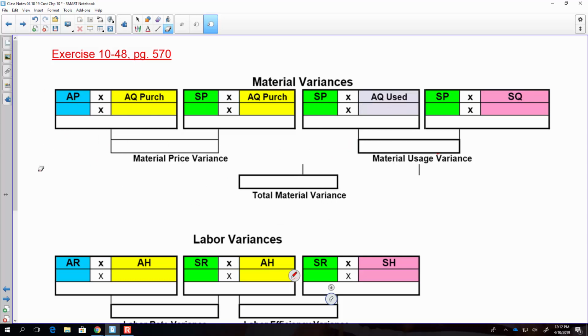So here's what I mean by backwards. In the second week, the material usage variance was 4,000 unfavorable. This is question 3 now.